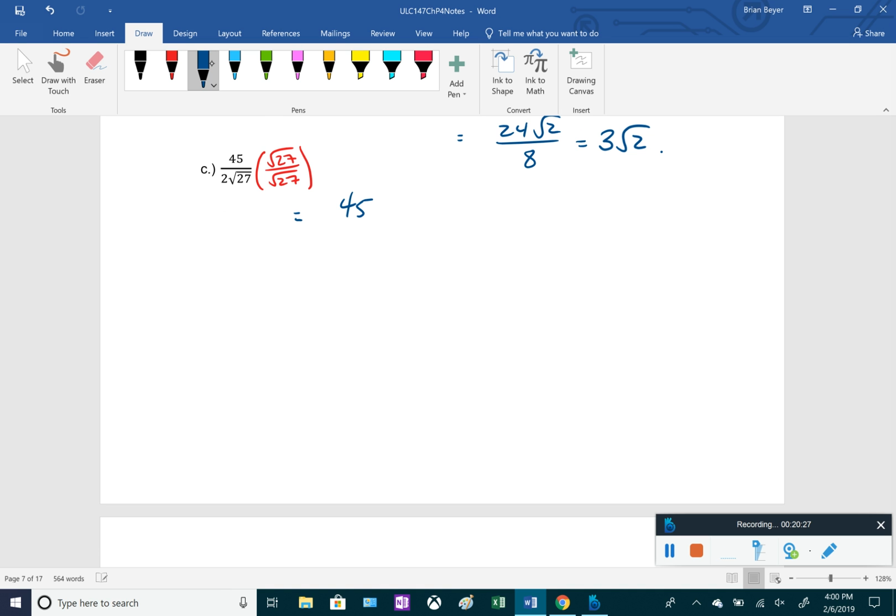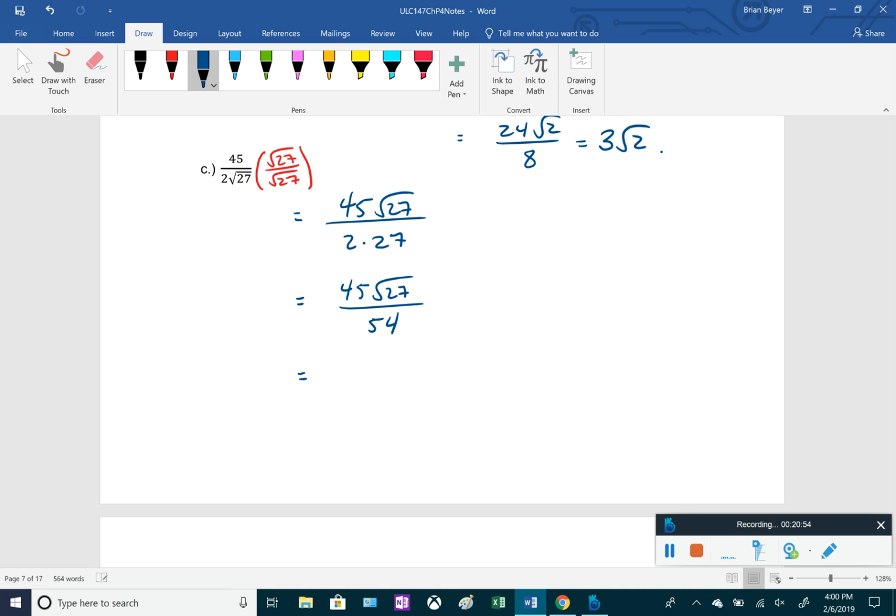So it's going to be 45 radical 27 over 2 times 27. So radical 27 times radical 27, we got 27. Okay, and next we have, let's simplify that denominator. 2 times 27 is going to give us 54.